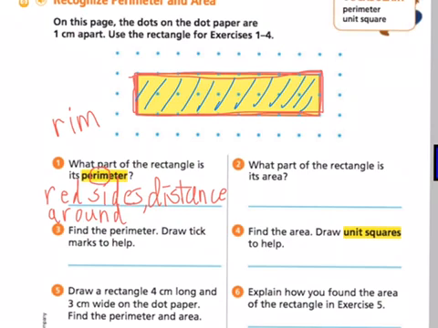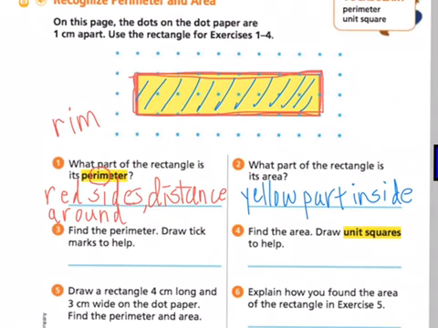So the area is the yellow part inside. So that is the area. It's the space inside. Number 3, find the perimeter, draw tick marks to help.